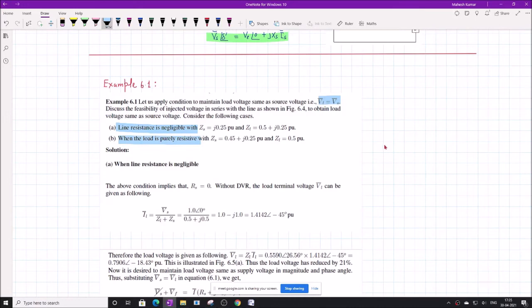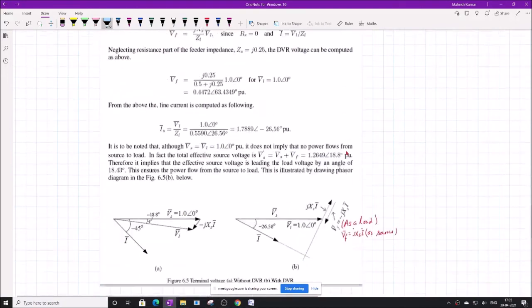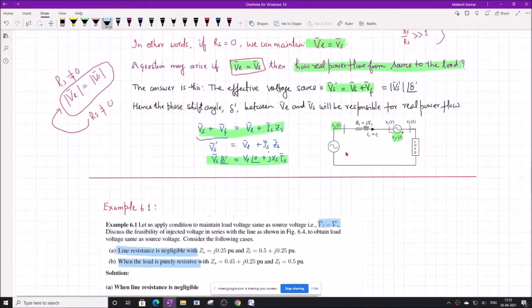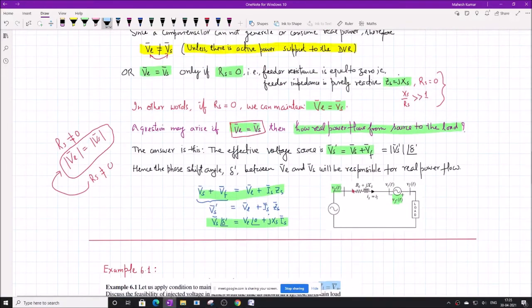It has been asked to discuss the feasibility of the injected voltage in series with the line, sub 6.4. So the 6.4 figure is the same as the previous one, this figure. Maybe I can copy this and put it there so that we understand better.